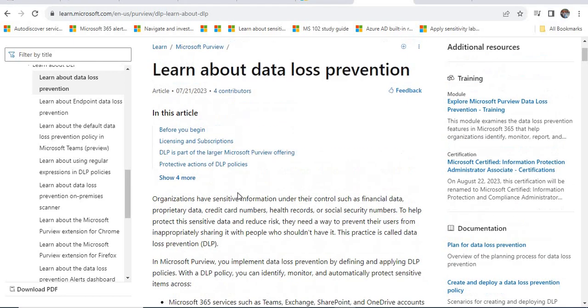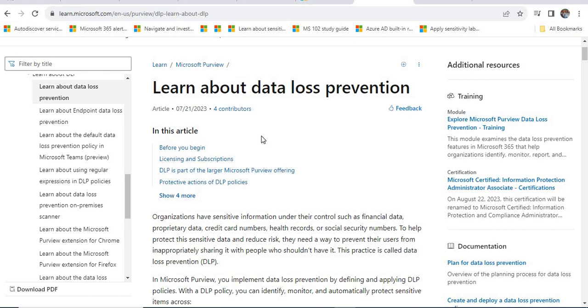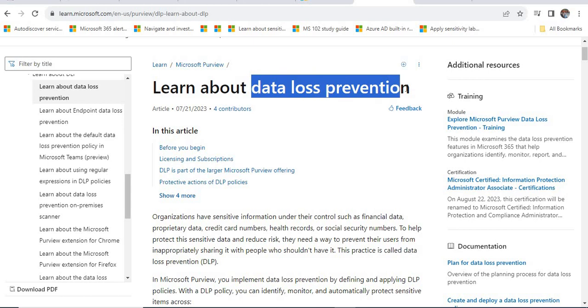First of all, I would like to say something about what DLP is. DLP is data loss prevention.